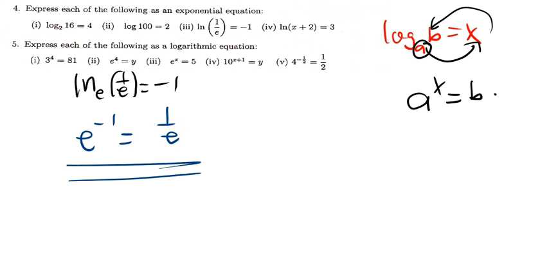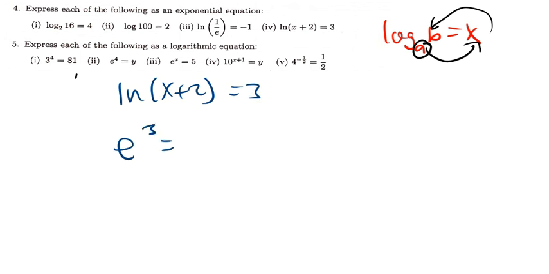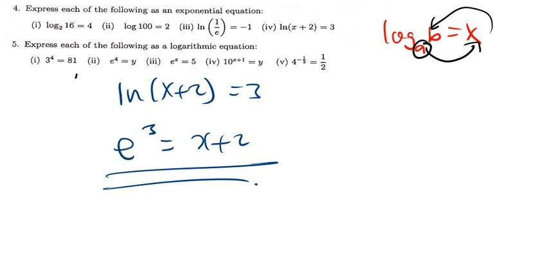This is the same: when I say e raised to the power negative 1, I mean 1 over e. We go to the last one, which is ln of x plus 2 is equal to 3. It's always in base e, so e raised to the power 3 is equal to x plus 2. As simple as that. That is now exponential.